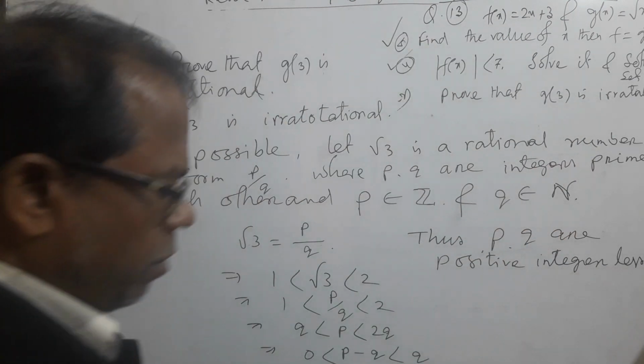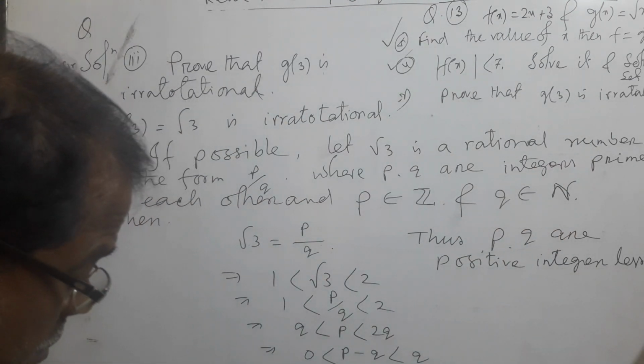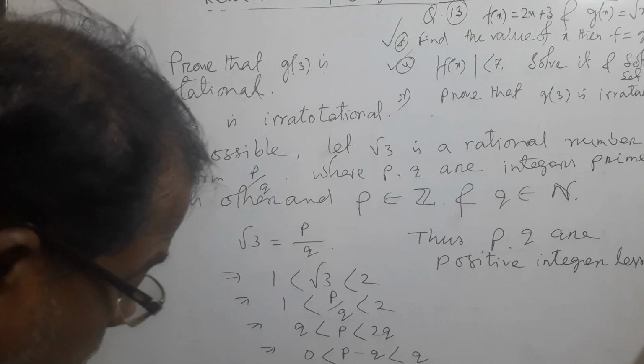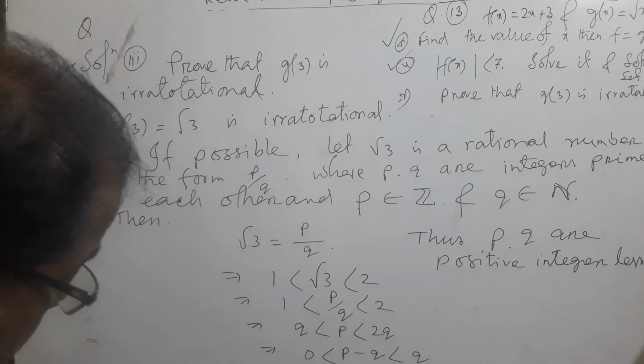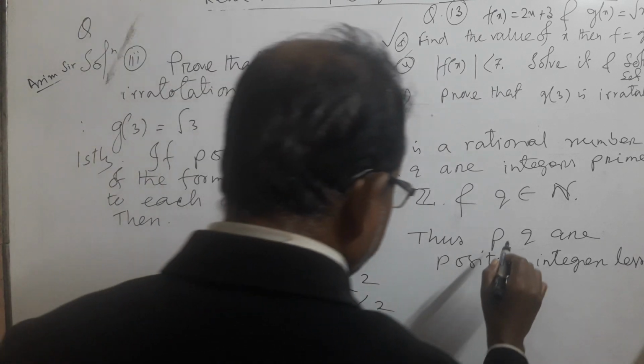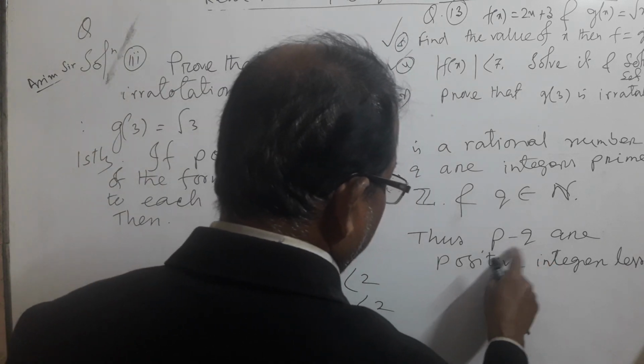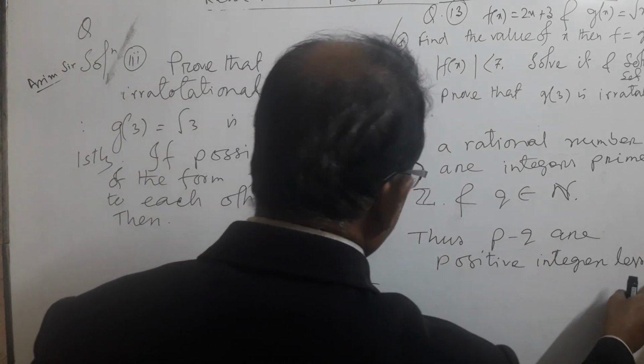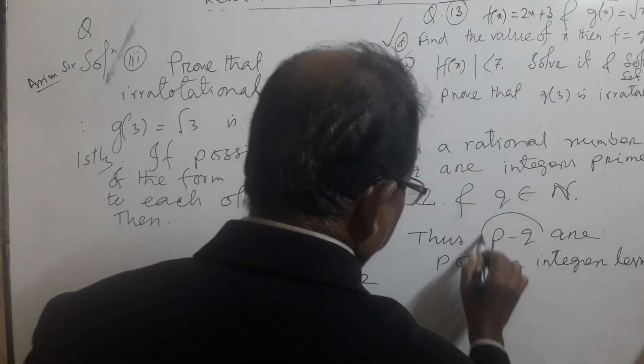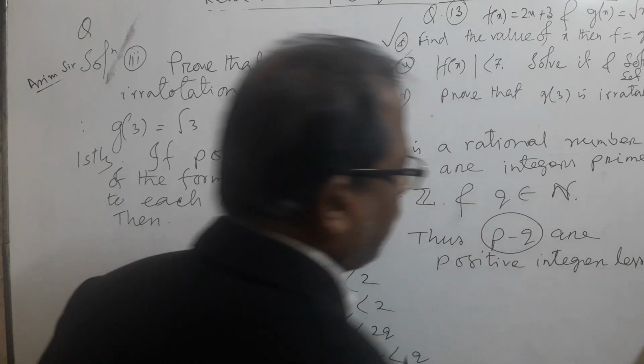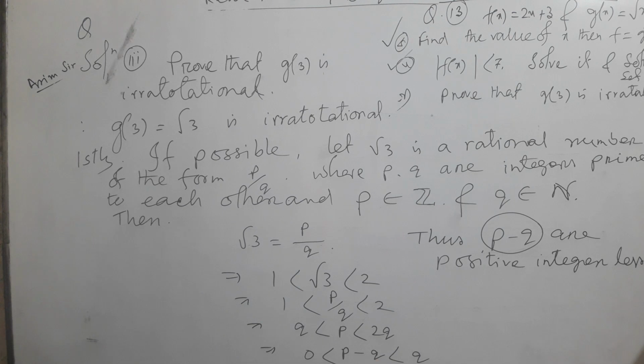Positive integer less than q. Oh sorry, p minus q is a positive integer less than q, which means p minus q is obviously smaller than q.